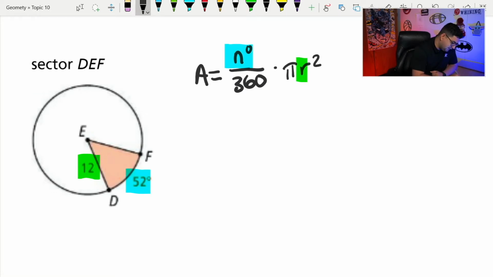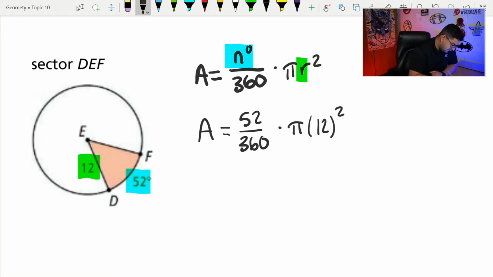So we simply plug this in. Our area is going to equal 52 divided by 360 times pi r squared, which in this case r is 12. Again, I got that 52 from the arc angle, and I got the 12 from our radius.